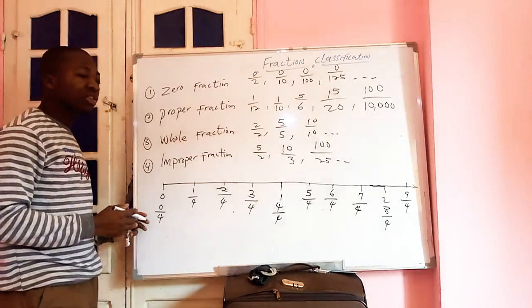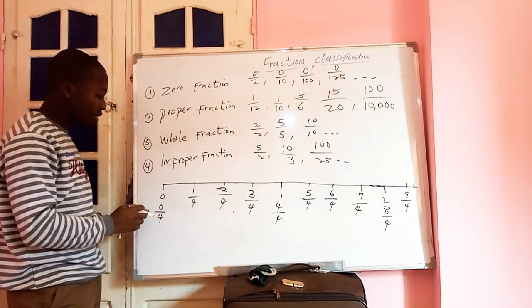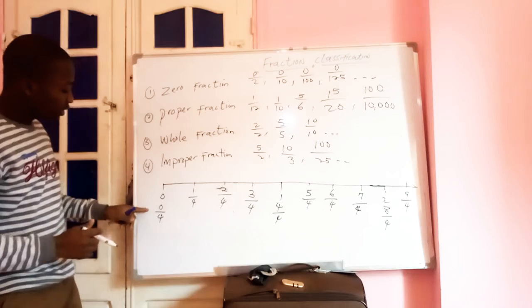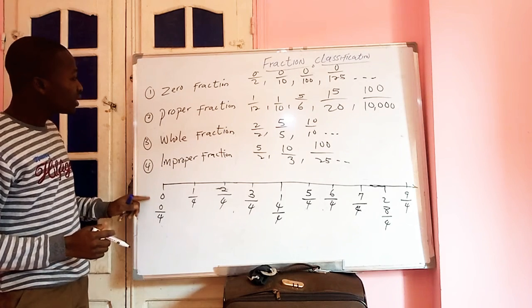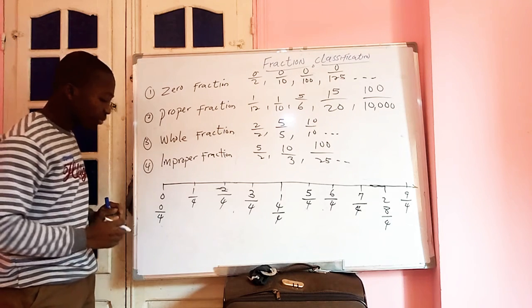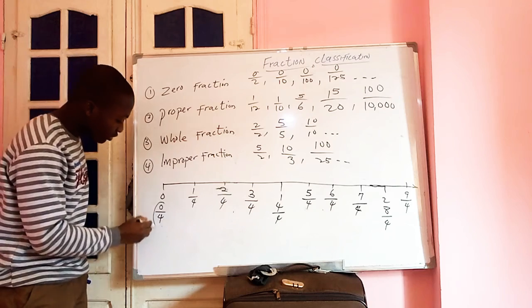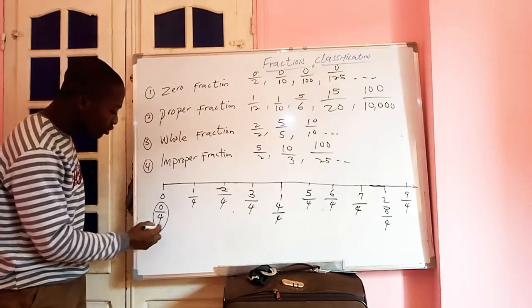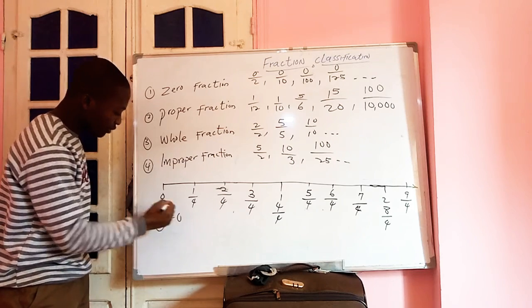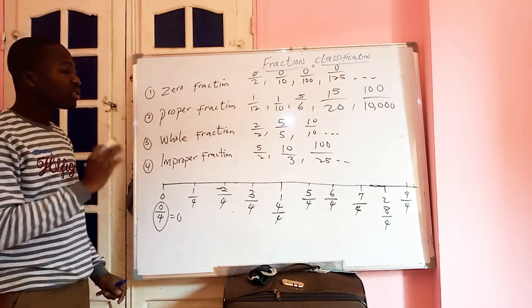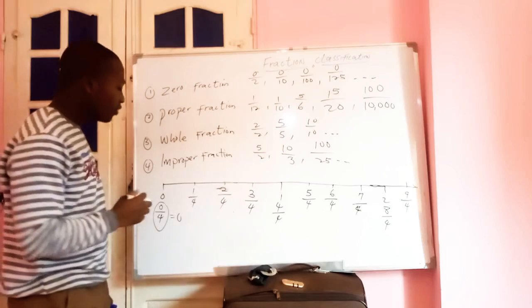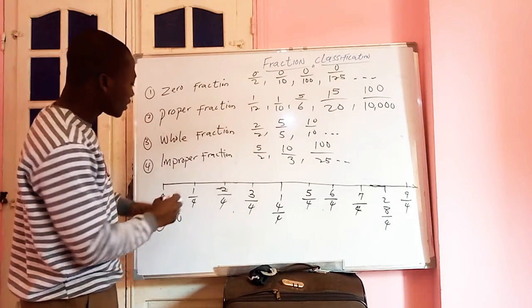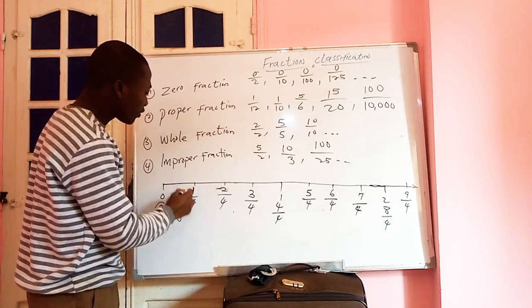So the first fraction that appears here is the zero fraction. The zero fraction is a fraction that has the top number equal to 0, so its value always equals 0. Then we move to the next one, a proper fraction.